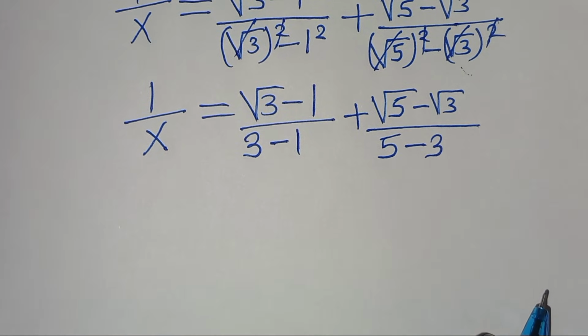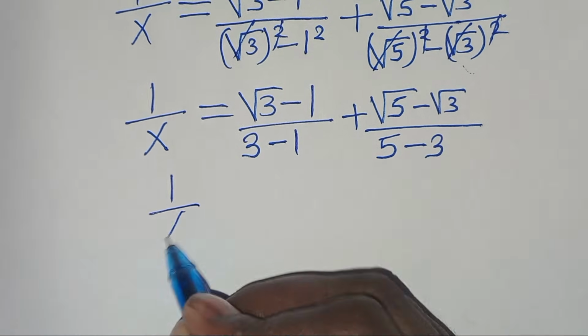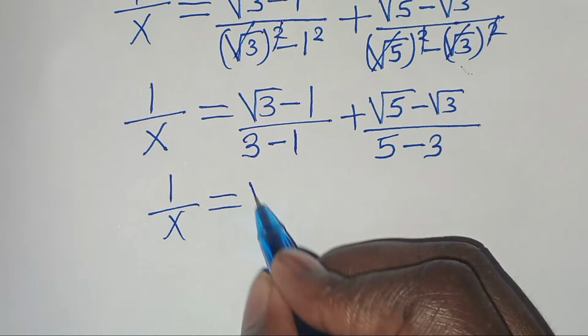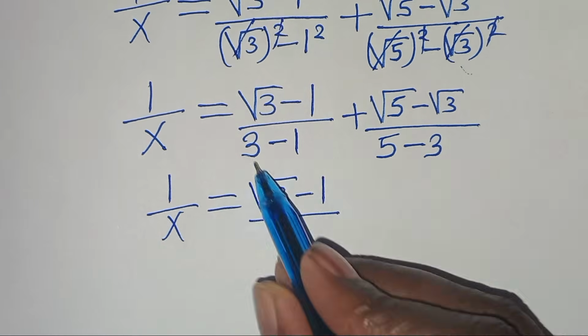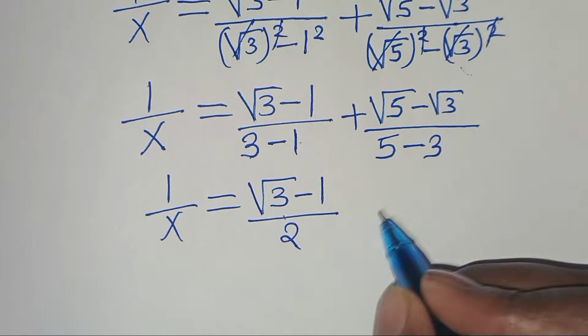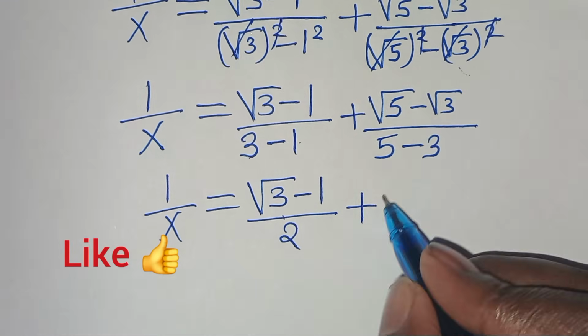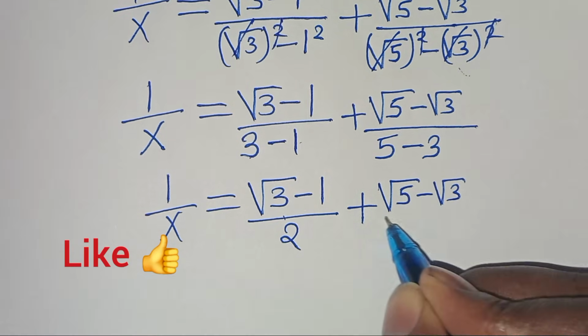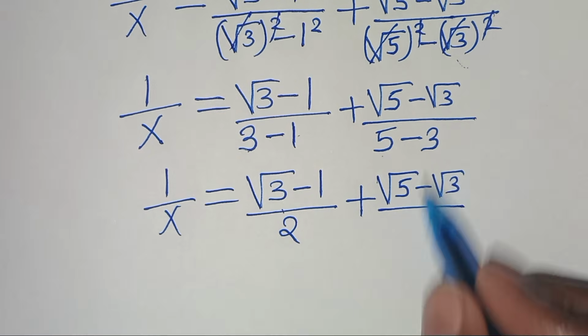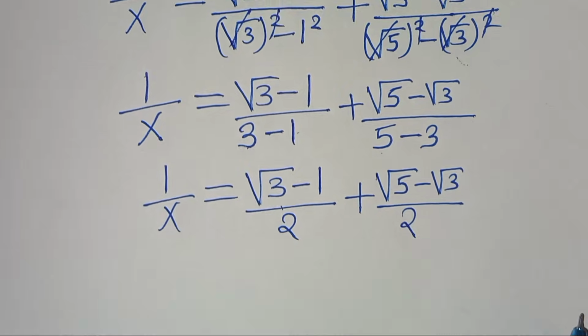So that now here we have 1 over x is equal to square root of 3, subtract 1 divided by 3 minus 1, this is 2, then plus, here we have square root of 5 minus square root of 3 divided by 5 minus 3, which is 2.